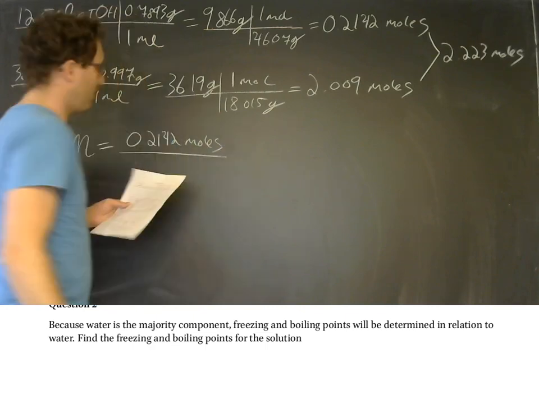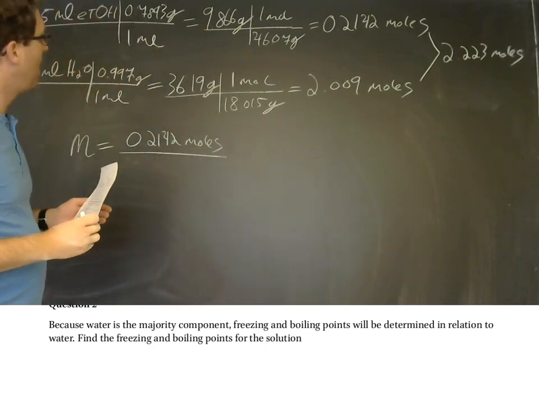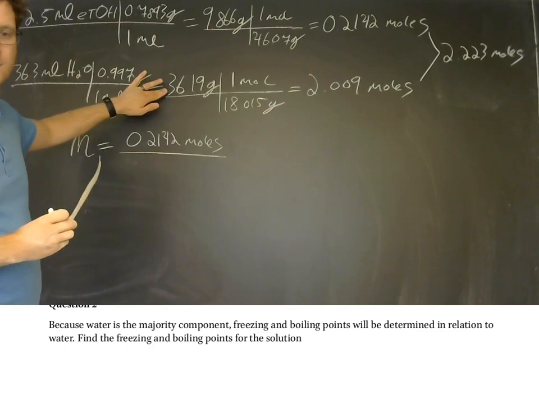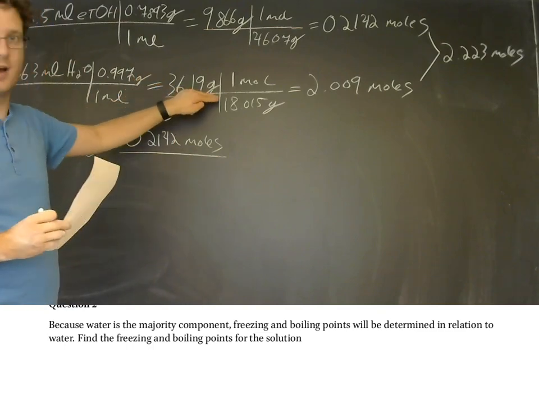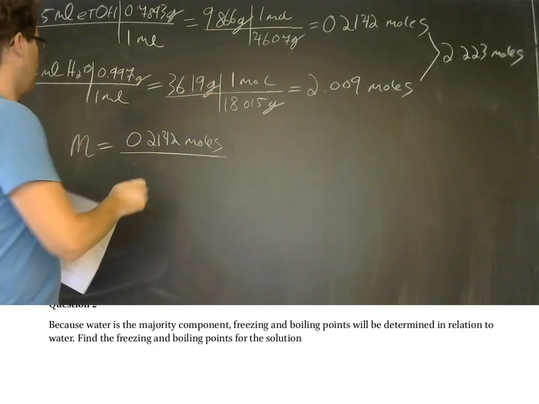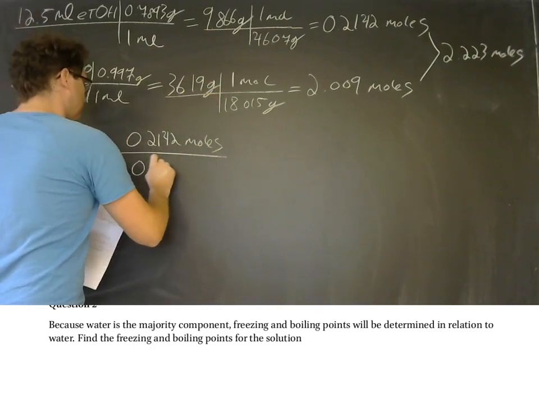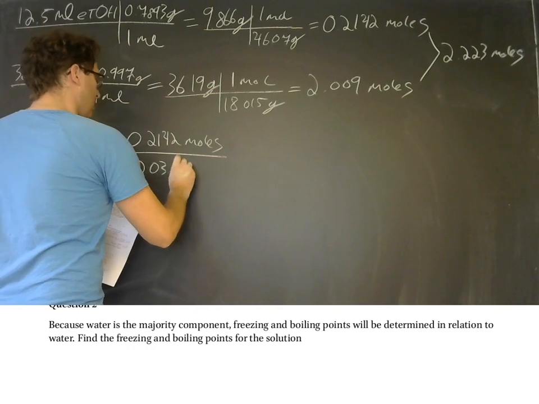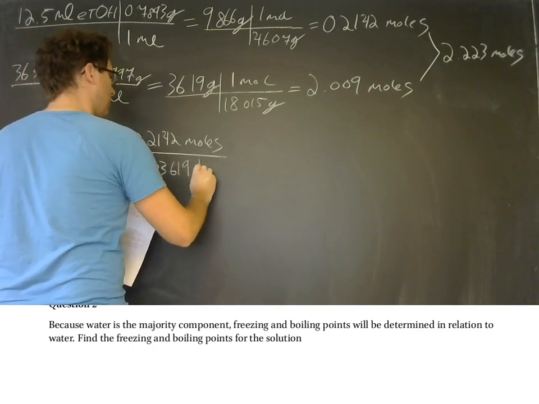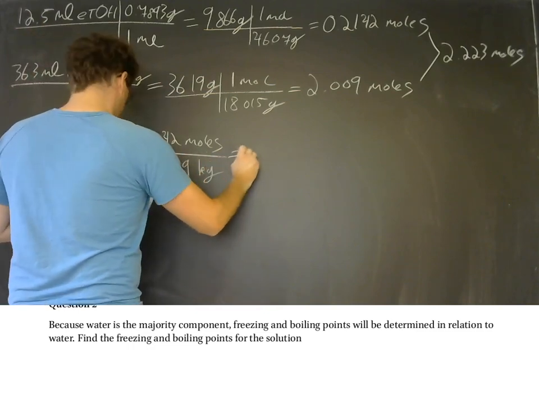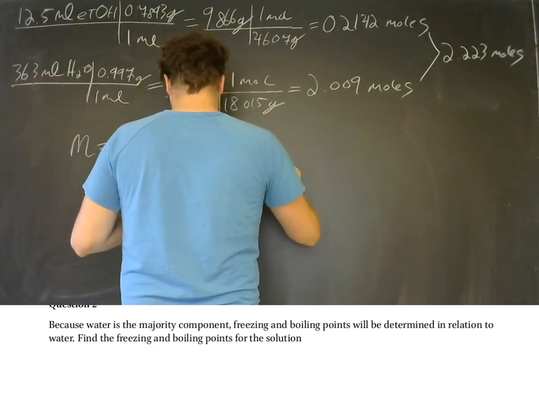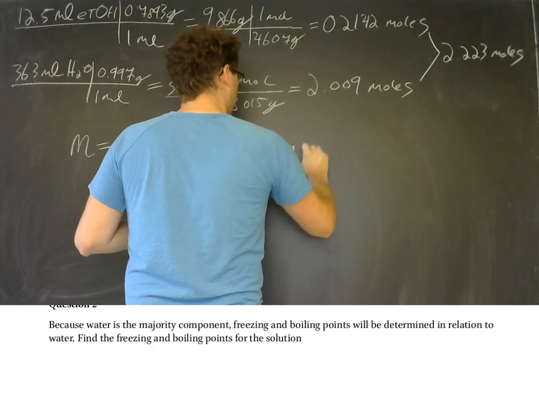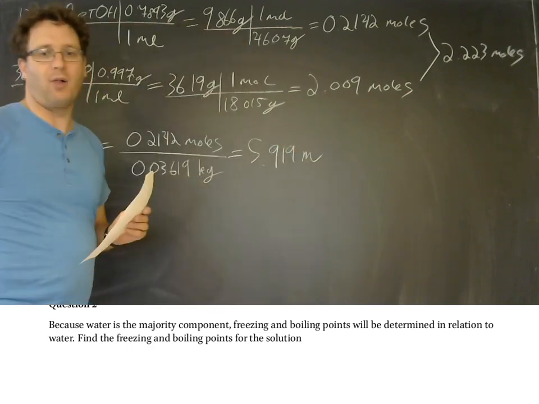And water is our solvent. And we want it in kilograms. I told you this mass here would be useful. We have 36.19 grams of water, so that is 0.03619 kilograms. And this gives us a molality of 5.919 molal. A pretty high molality.